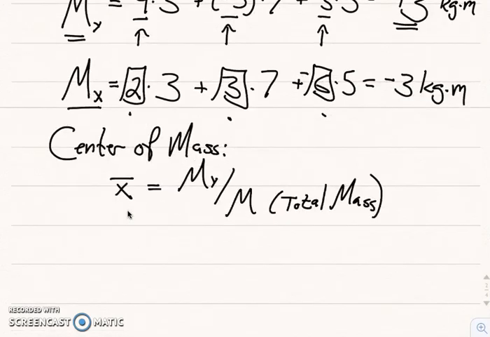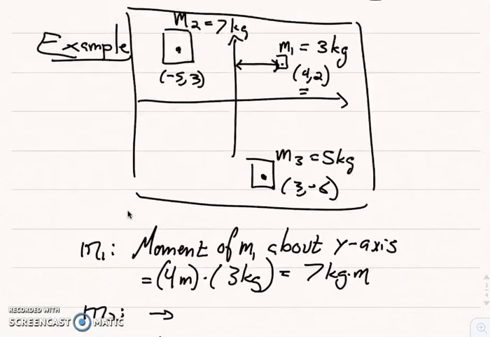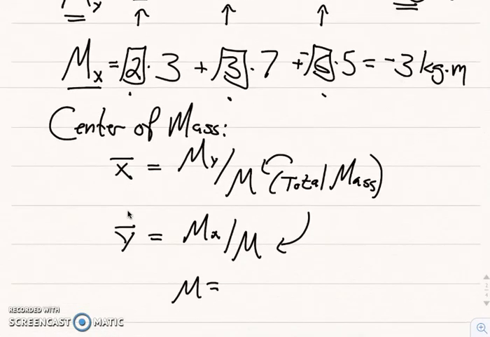And in an analogous fashion, the center of mass along the y-axis is found by taking the x moment and dividing that by the same total mass. The total mass for this particular system is, returning back up to the system, we have masses of 7, 3, and 5 kilograms. So total mass is 7 plus 3 plus 5, or 15 kilograms.